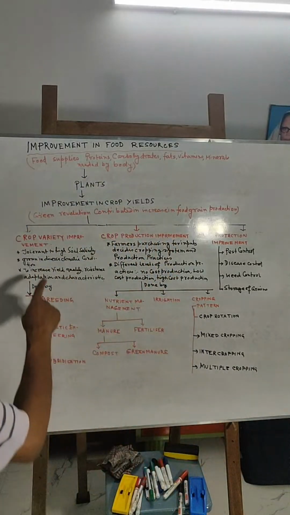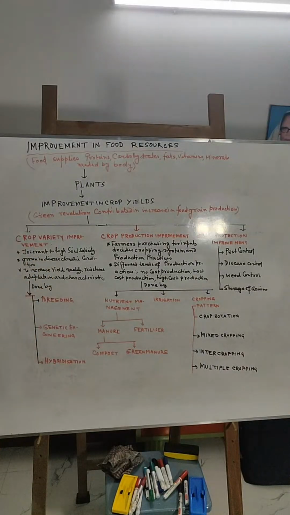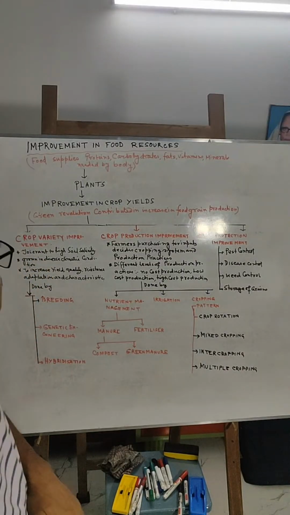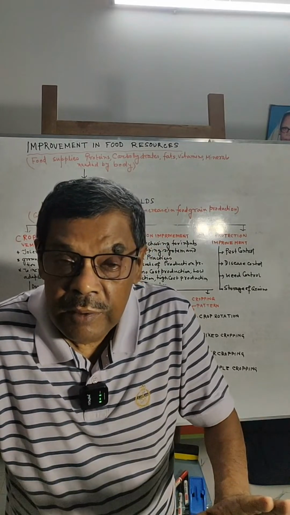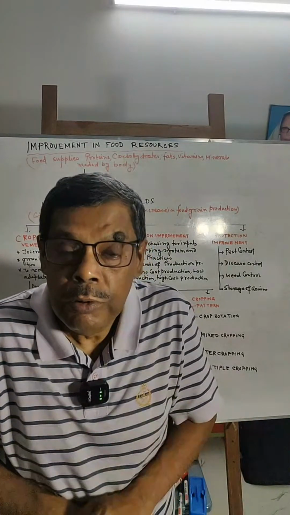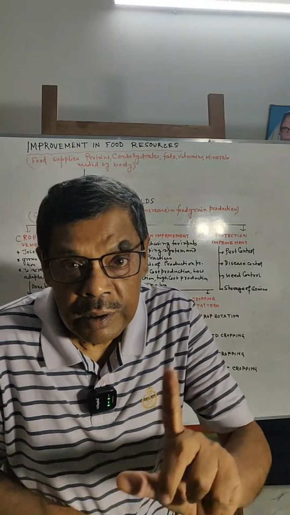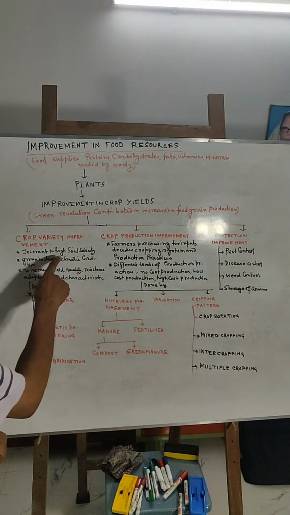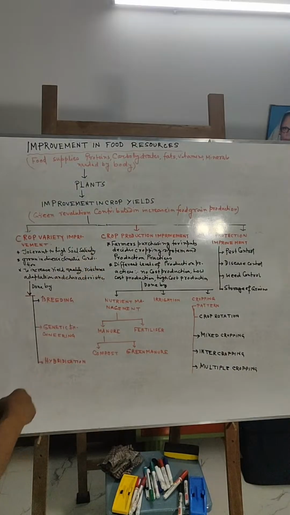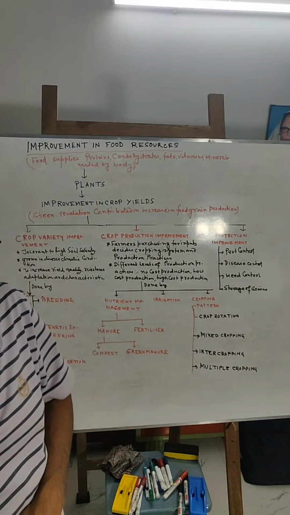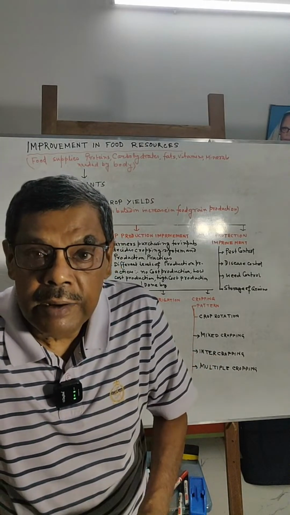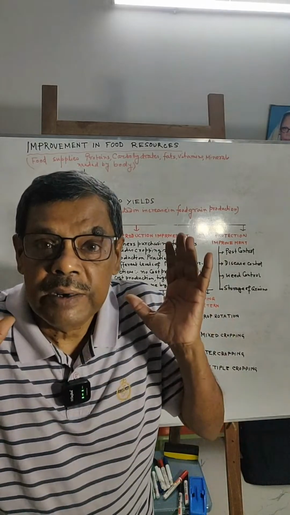First of all, crop variety improvement. Improvement of crop variety, what is this? The crop which tolerates high soil salinity. First of all, you know that crop variety improvement would be designed on the basis of several types.